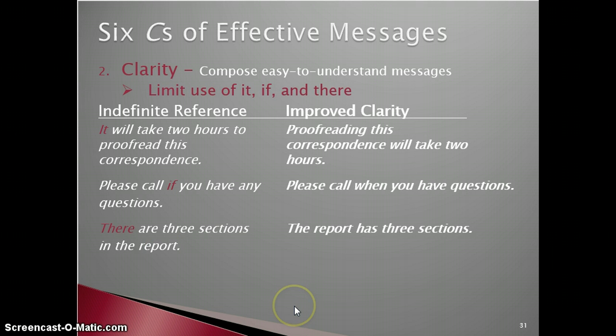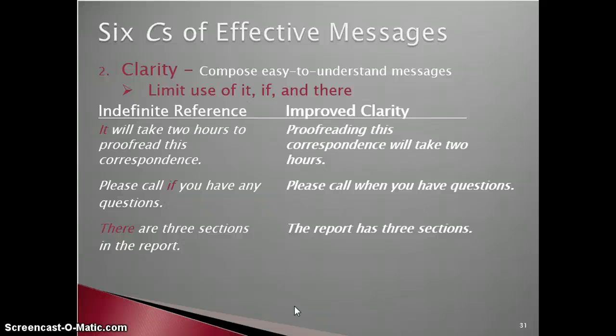The third way to incorporate clarity is to avoid the words it, if, and there within your messages. In the first statement, an indefinite reference is included: it will take 2 hours to proofread this correspondence.